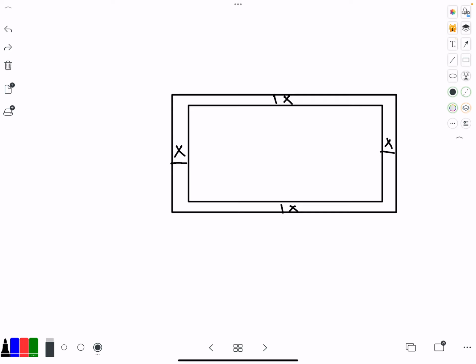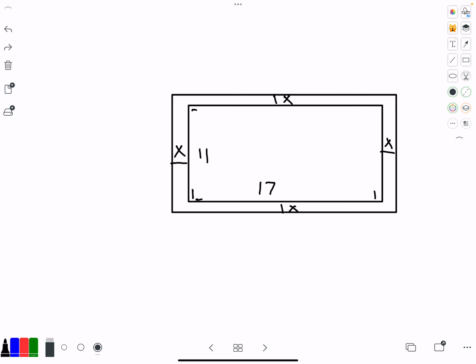The width is 17 and the length is 11. So all of this inner part is 17 and the length is 11. Okay? Whew. It wants to know the dimensions of the outer frame, and it gives you the total area.